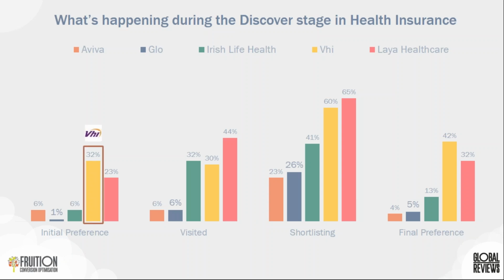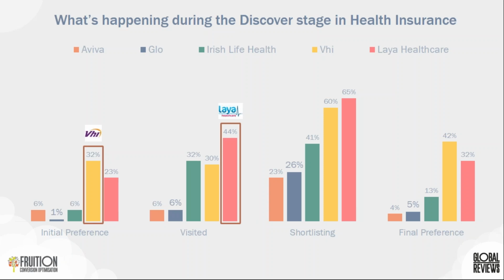And we can see here that VHI are leading in terms of the other providers when it comes to initial preference. Then if we look at visited, these are the customers who visited the website as part of their research, and we can see that more visited the Laya website than any other website.